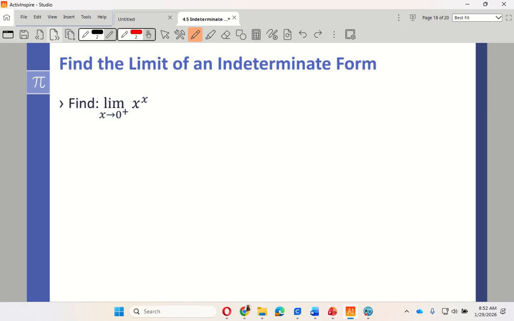What did it say to do? Did it say rewrite it, right? Okay, so what is this going to give me? This is going to give me 0 to the 0, which is indeterminate.